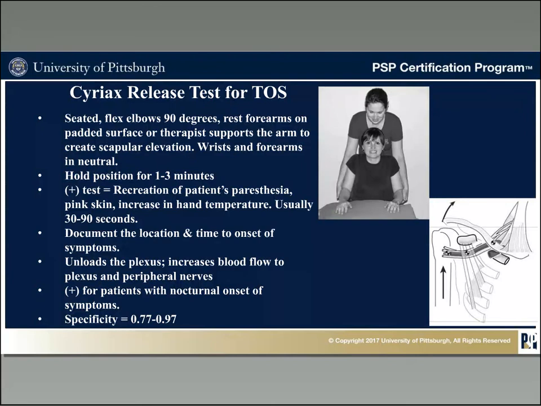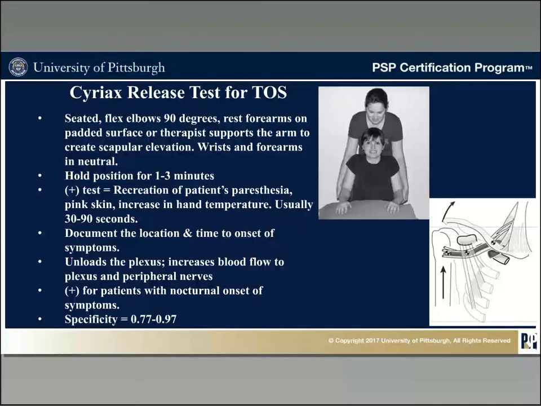These next several slides are going to look at some of the various tests that are used for clinically determining the presence of thoracic outlet syndrome. What we're going to find with the vast majority of these tests is that while we may be able to alter or change the patient's presentation, we will be challenged to bring the whole clinical picture together, as there's a high rate of false positive and false negative information from some of these tests.